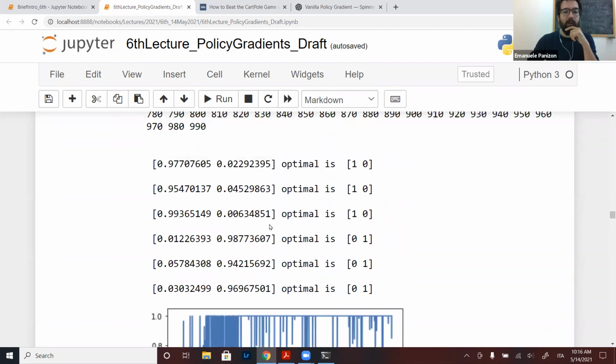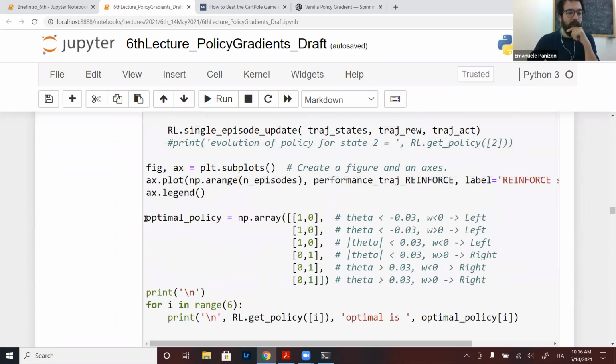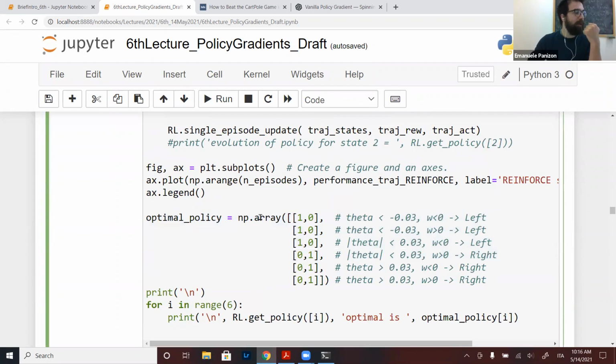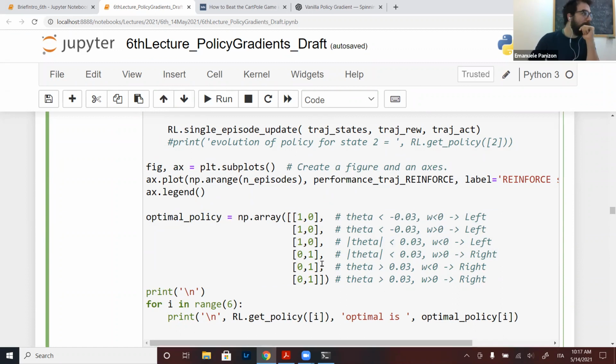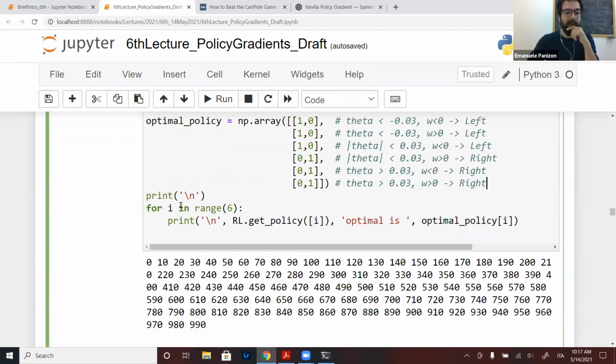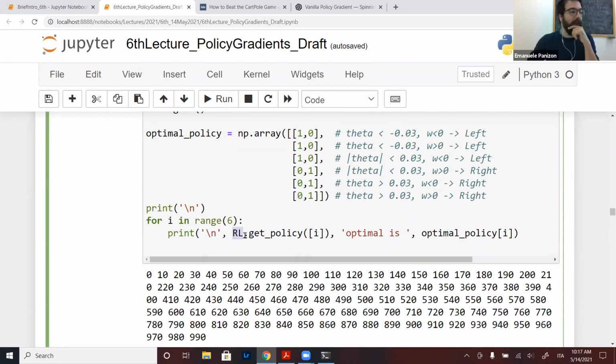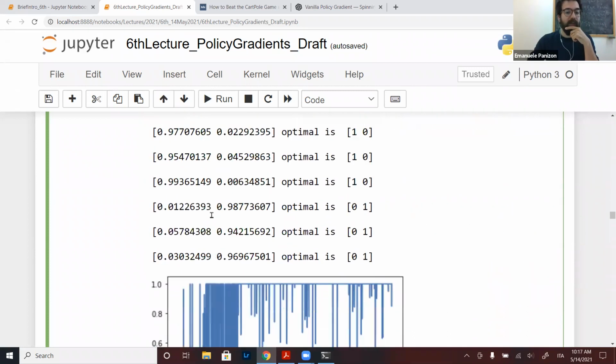Okay, so one other thing I checked. We had by hand created our policy, which is 101010010101. So we can actually ask the reinforcement learning algorithm, the REINFORCE, what, at the end of the learning process, are the policies you have learned so far for these 6 states, and this is the result.